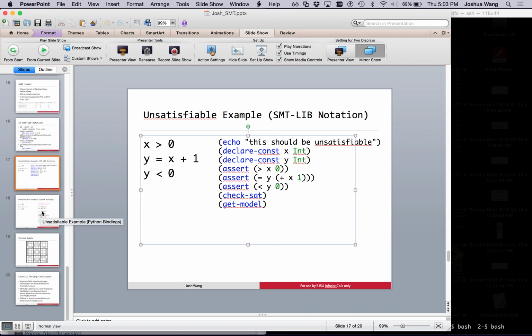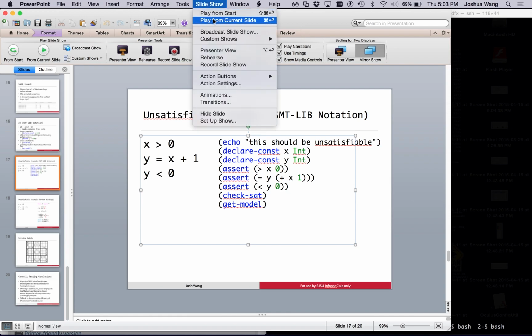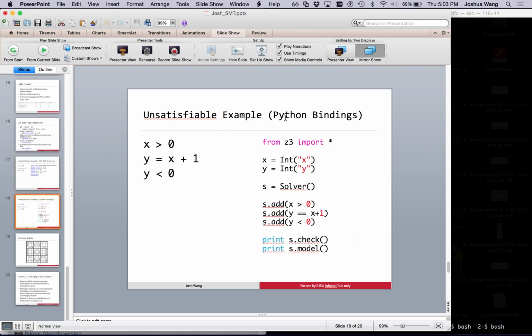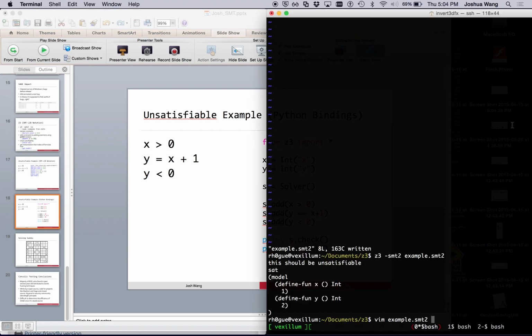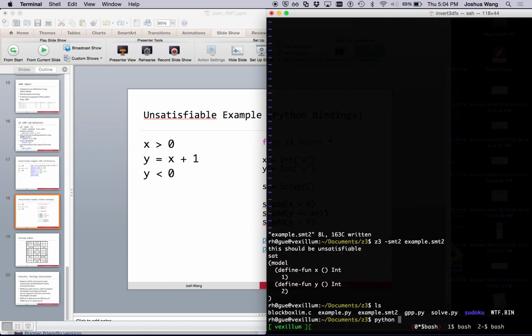If you don't like prefix notation or Polish notation, there's good news. We can use Python bindings. This is the same thing as before, only in Python. So let's see what that does. Python can really import anything.